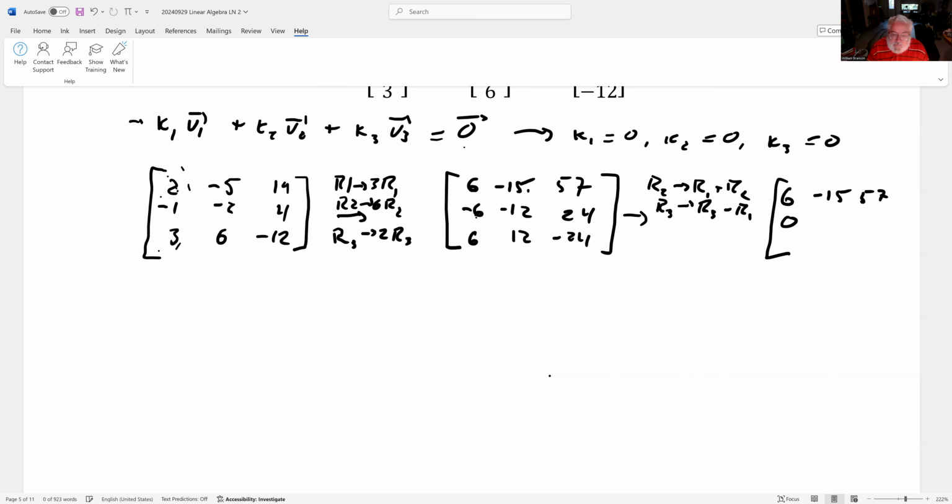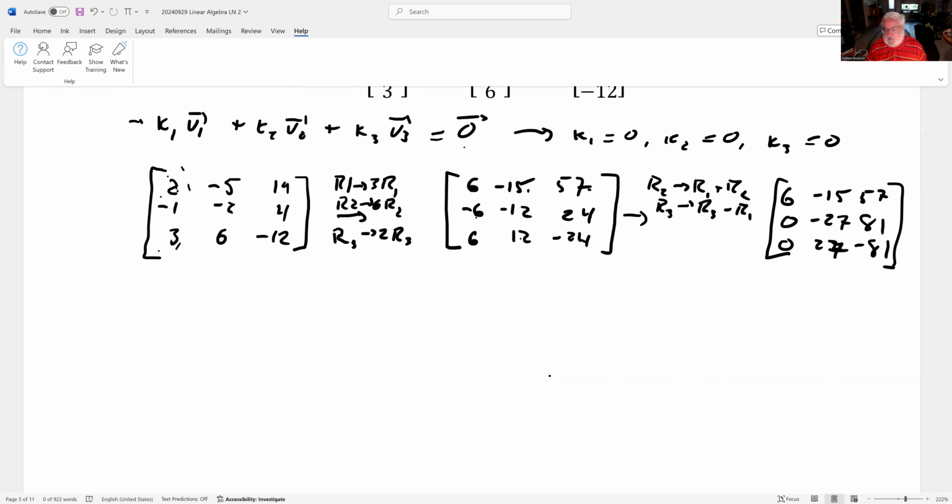Minus 15 plus minus 12 is minus 27. 57 and 24 is 81. 6 minus 6 is 0. 12 minus 15 is 27. Minus 24 minus 57 is minus 81. 27. There we go.